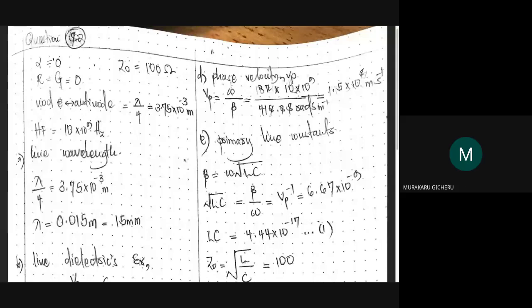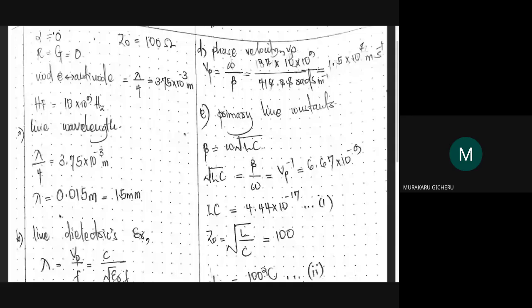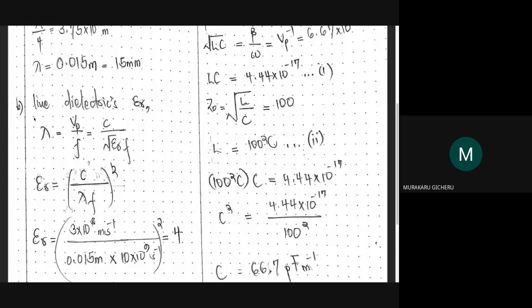So we'll give 15 millimeters in line wavelength. To the next question, if you missed that, or if you want to go through it again, just go for the recording. It's posted on the Telegram group.